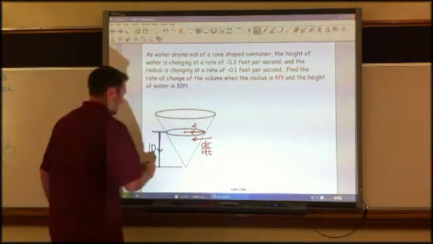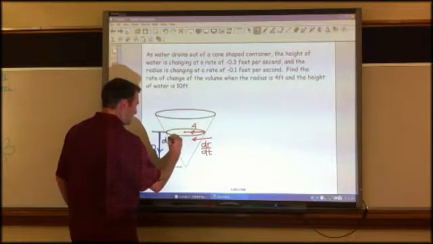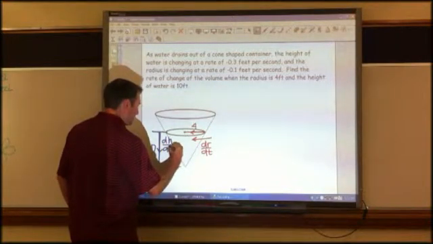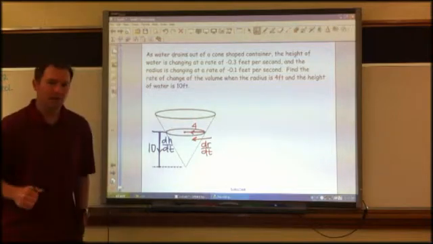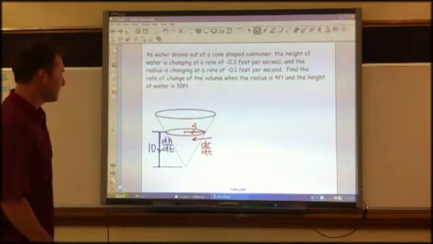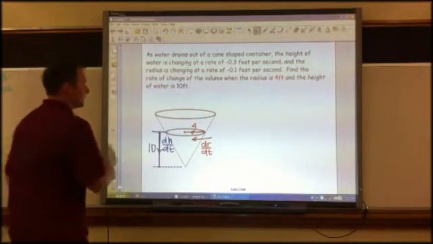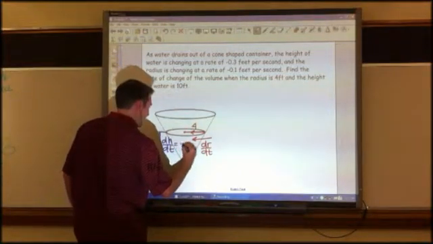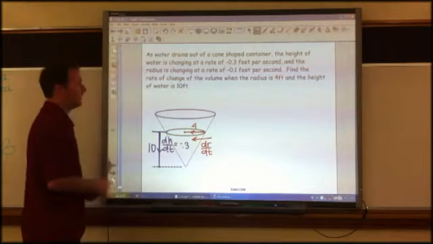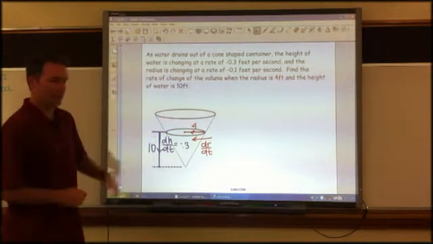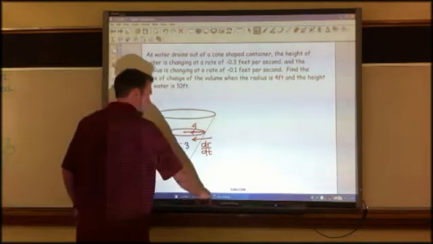And then coming down here, I've got, we'll say dh/dt, is the rate at which the height is getting smaller. So in this problem, I've got that this dh/dt is negative 0.3. That's feet per second, but I'm not going to mess up my drawing by throwing that in there.